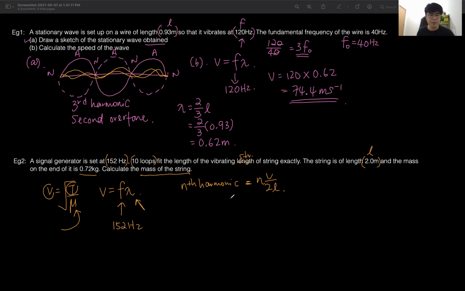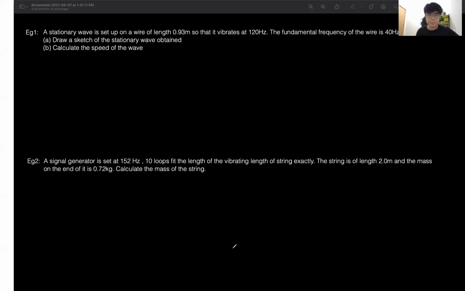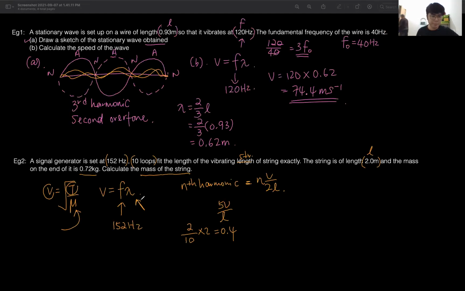So 10V over 2L becomes 5V over L. Meaning that we take the wavelength, which is the length of 2 loops. So 2 over 10, and then we times by 2 meter equals 0.4 meter. That is the wavelength, 0.4 meter.